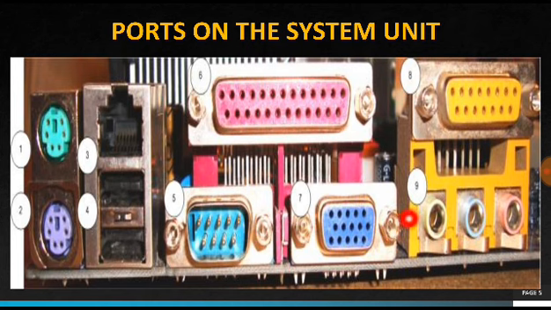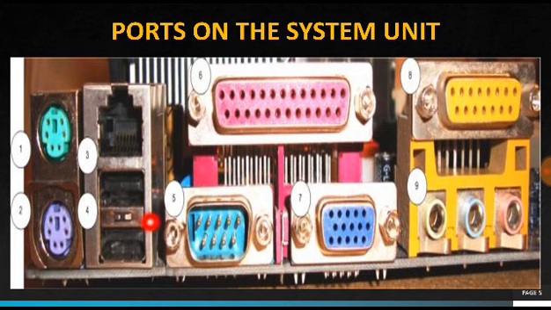Now when you come here, we have the audio port, or the jack port, and these ports are being used to connect to speakers and microphones. And when you come here, we have what we call the VGA port, or the video graphics array port. This is where we connect the monitor cable, or the VGA cable.